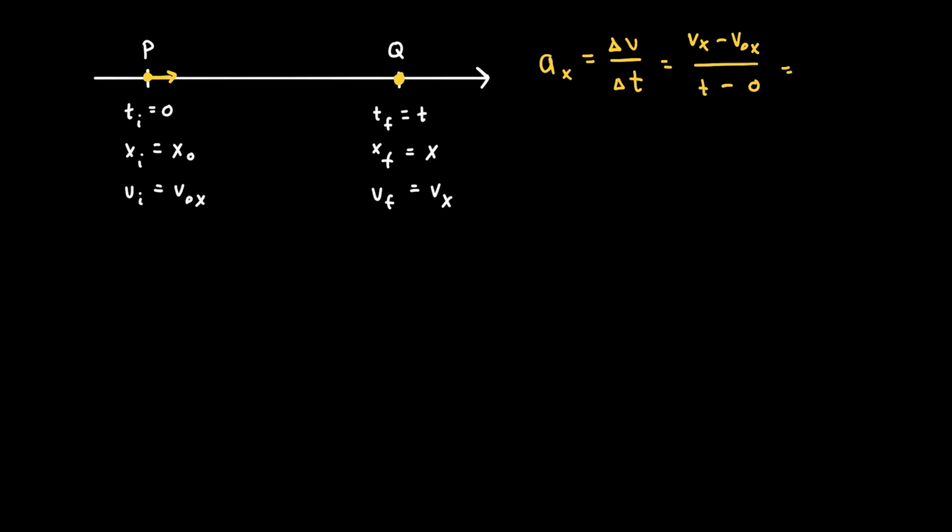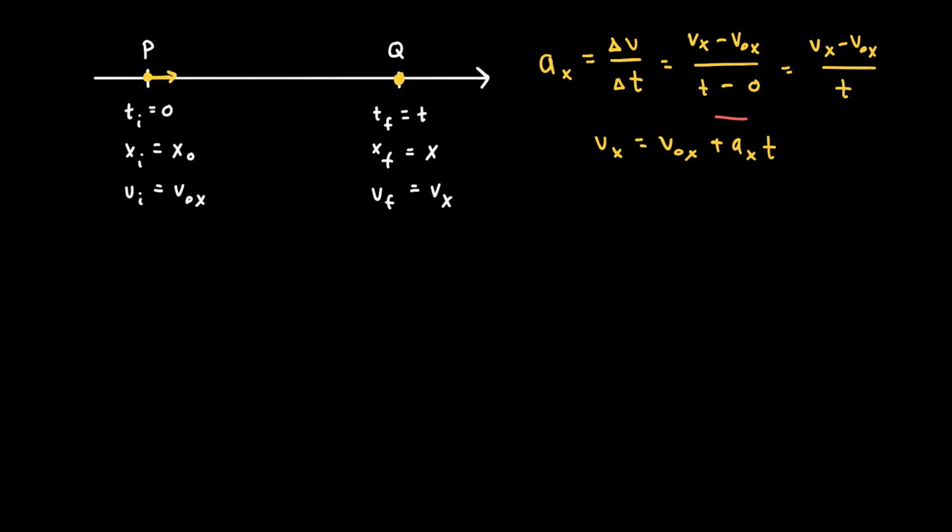And so since the initial time was 0, this could also be written as vx minus v naught x over t. And this could be rearranged for the final speed. So the final speed, vx, is equal to the initial speed, v naught x, plus the acceleration times the amount of time between points P and Q as the object was moving.